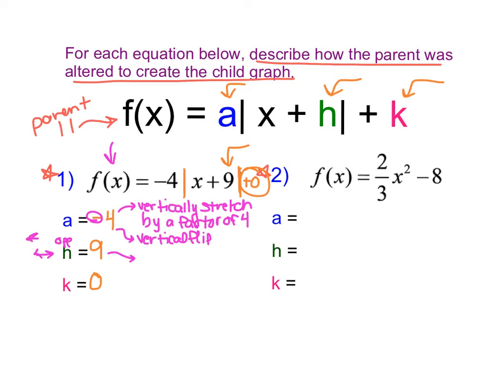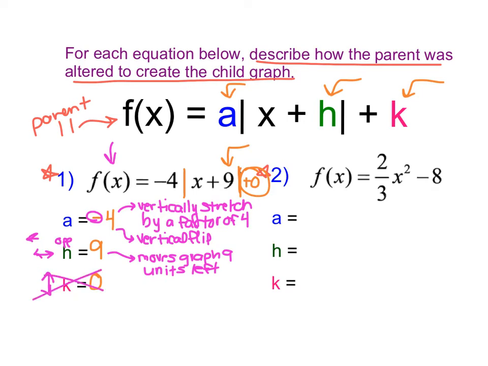So what this h value of 9 does is it shifts the graph 9 units left. And then finally, this k value of 0, well, k is typically our up and down change, how we shift the graph up and down, but because k is 0, there is no change here.